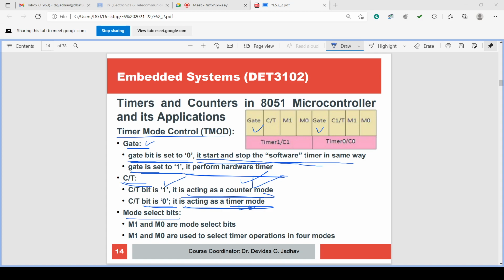In gate bit, this gate bit will be 0 or gate bit will be 1. We can set gate bit 0, then it starts and stops similar to software.